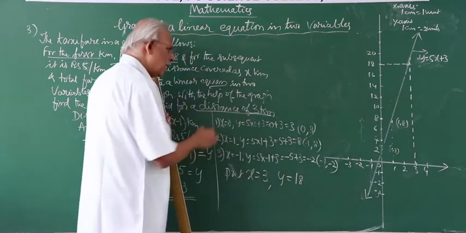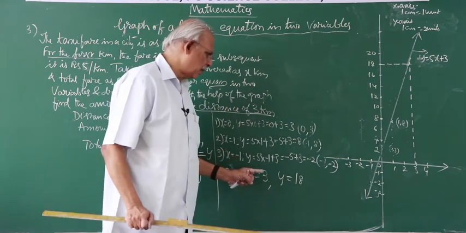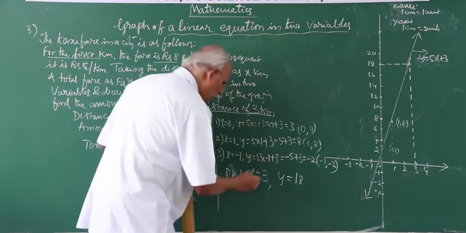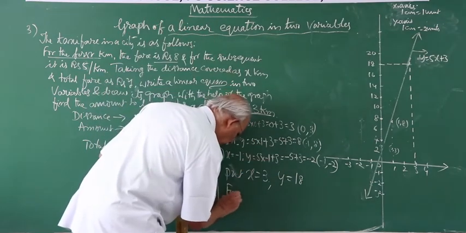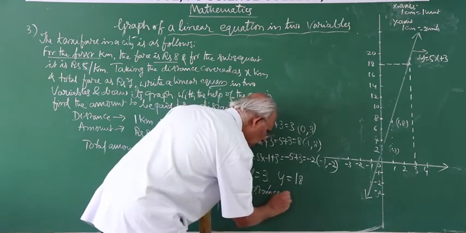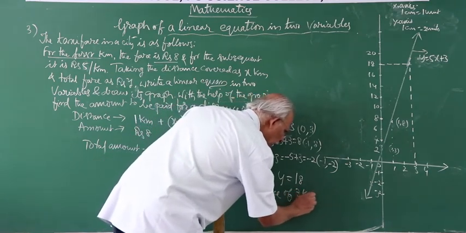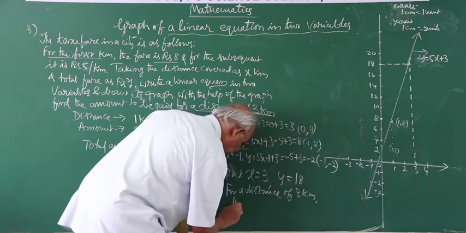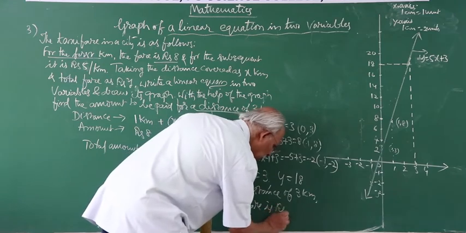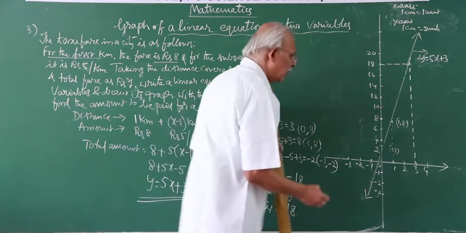Therefore, for a distance of 3 kilometers, you have to pay rupees 18. For a distance of 3 kilometers, the fare is rupees 18.